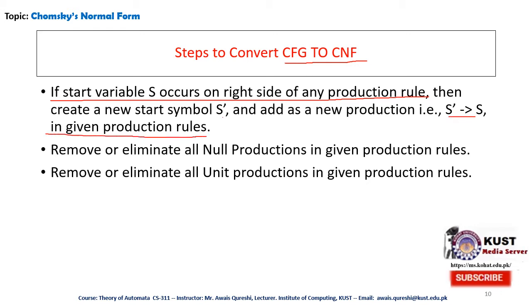So this is the first point in converting any context-free grammar into CNF. It states that if the start symbol or variable S occurs on the right hand side of any production rule, then we will create a new start symbol, let's say S', and add a new production rule S' implies S.